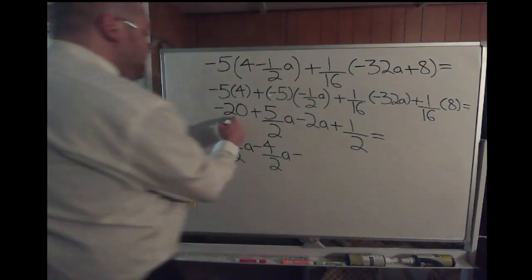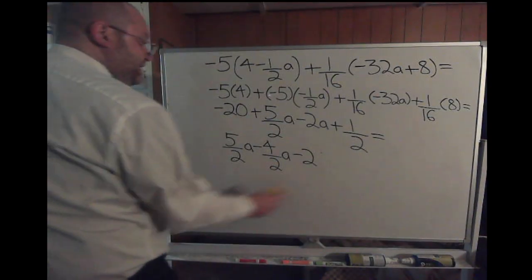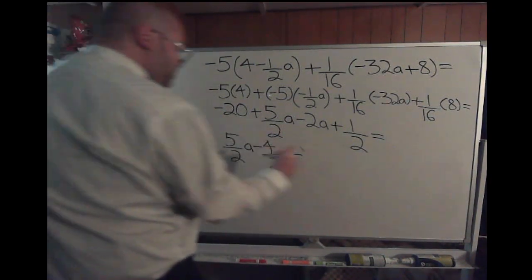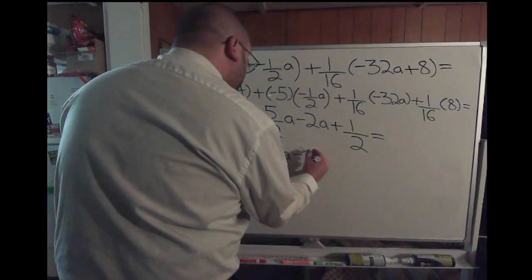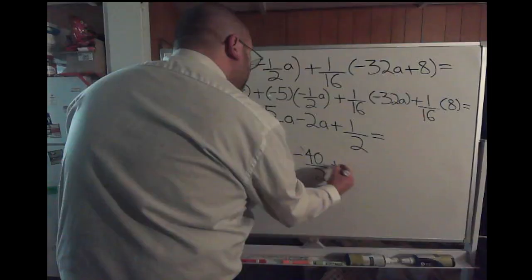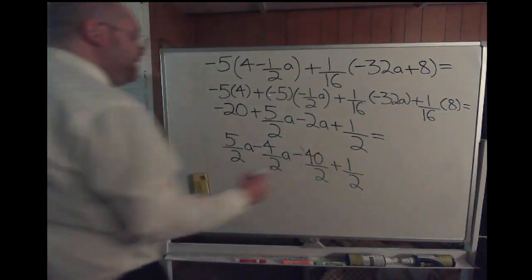Then you'll have that negative 20, so it'll be minus 20. Well, what's 20 in terms of a denominator of 2? It's 40. If you get 40/2, that's 20. So you'll have minus 40/2 plus the term 1/2.